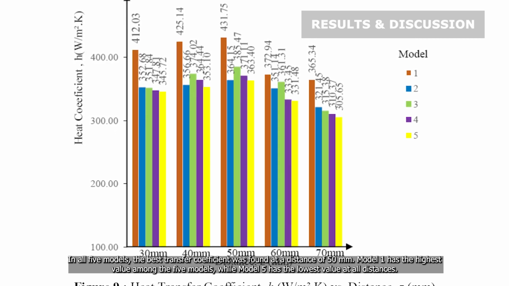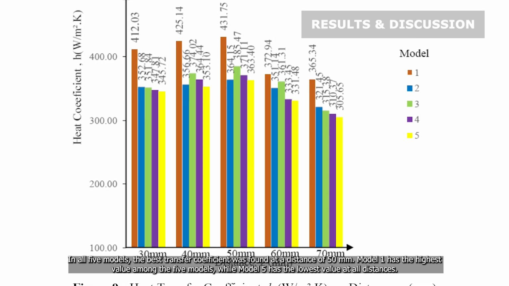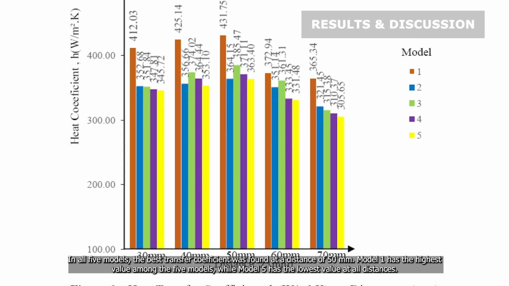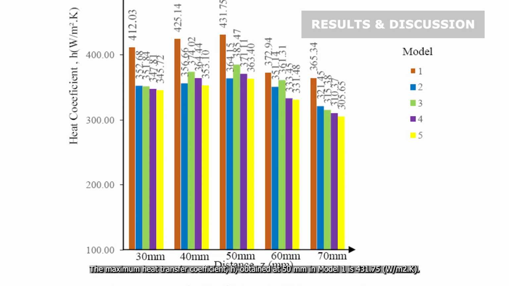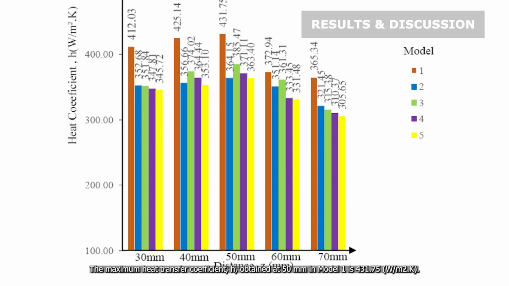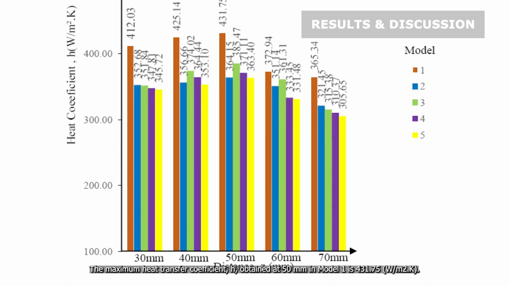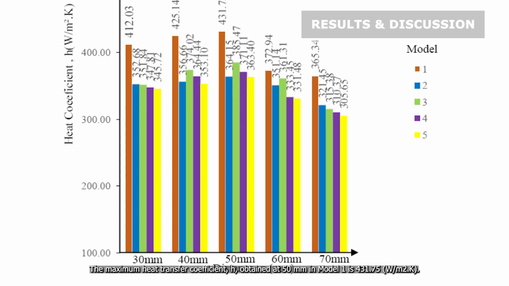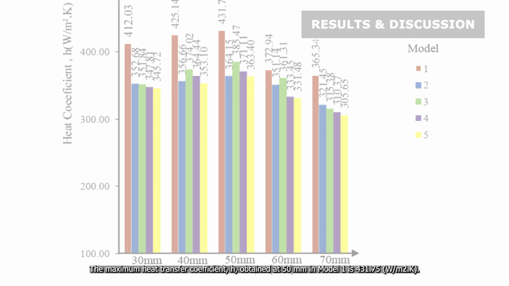Model 1 has the highest value among the 5 models, while Model 5 has the lowest value at all distances. The maximum heat transfer coefficient obtained at 50 mm in Model 1 is 431.75 watts per meter square Kelvin.